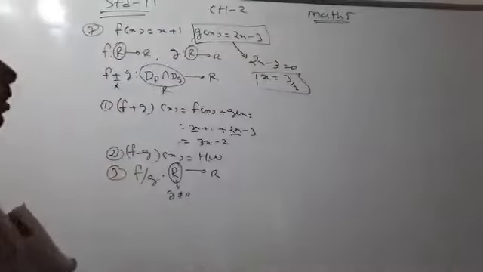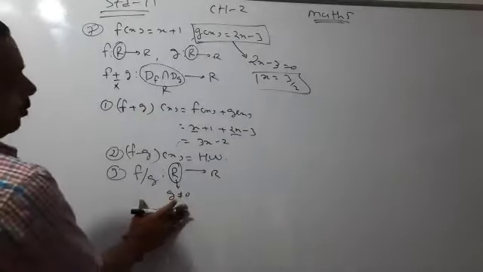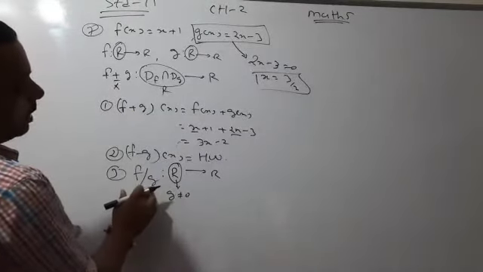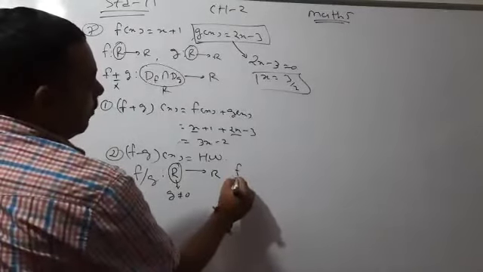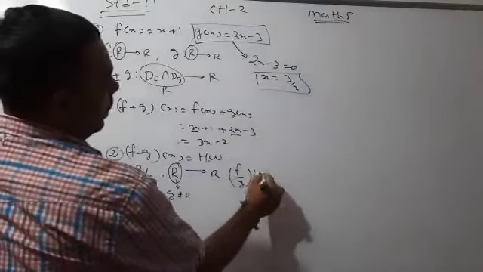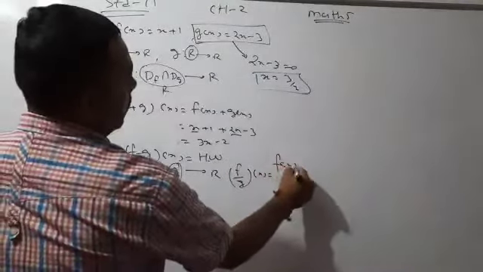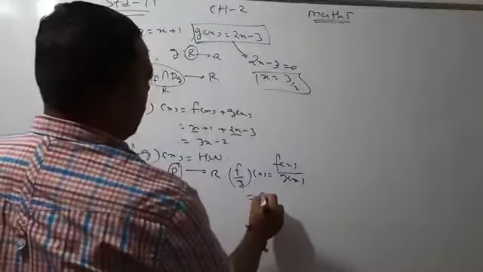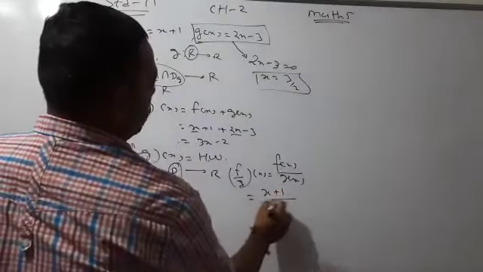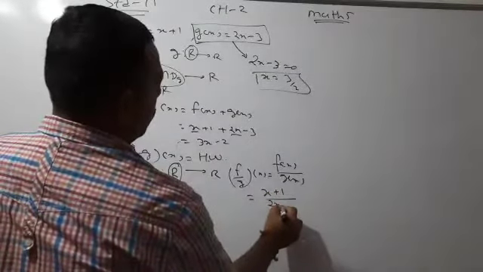And why will we not consider it as a domain? Because g is now in the denominator. So (f by g)(x), the formula is f(x) by g(x). And that's why the answer is the same: x plus 1 upon 2x minus 3.